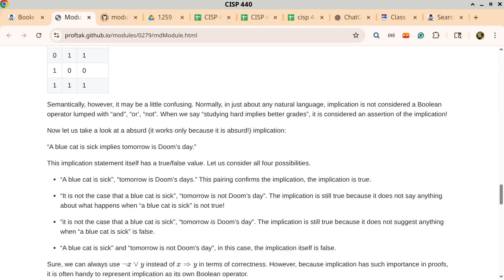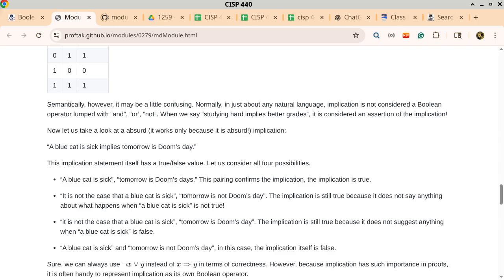In this case, it means a blue cat being sick the day before is a sufficient condition for tomorrow or the following day to be doomsday, which means I don't care whether a purple cat is also sick or not. As long as a blue cat is sick and this statement itself is true, then tomorrow is guaranteed a doomsday. Is that okay? So you can look at implication from the perspective of sufficient versus necessary.